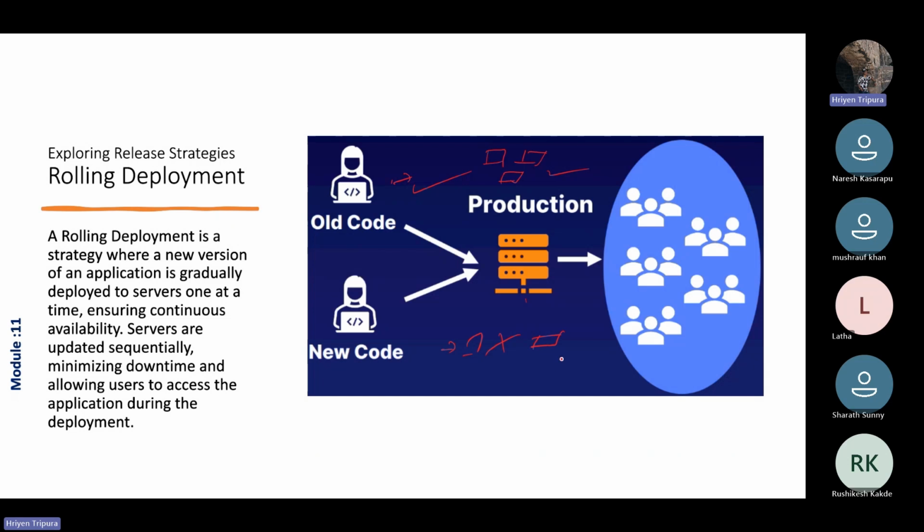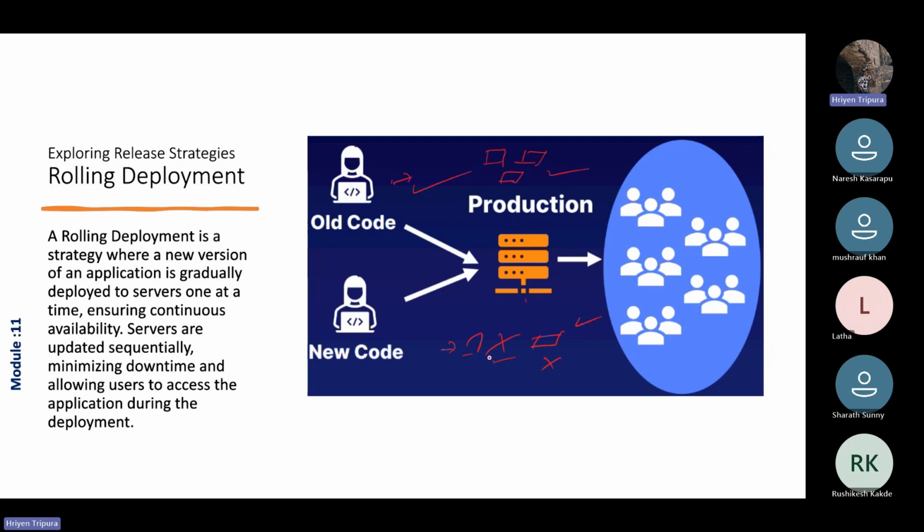Now if this one is down also, you still have your whole application running as expected without any issue, because you're not touching the other servers, you're only touching one specific server, while the same application keeps running on the old 3 servers. So you don't have to worry about downtime, that can be avoided. The old application is running here, and only the new one has to be fixed according to the issue, so they can minimize downtime.